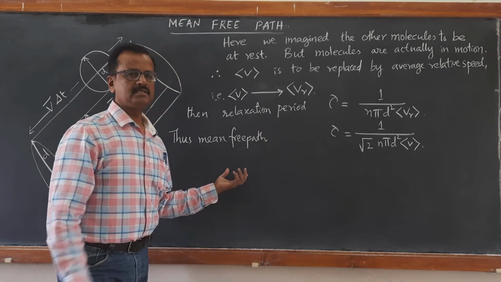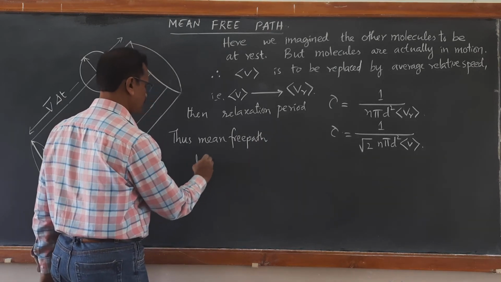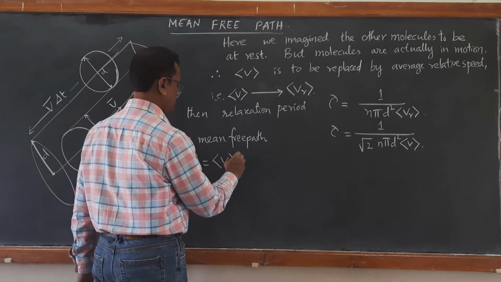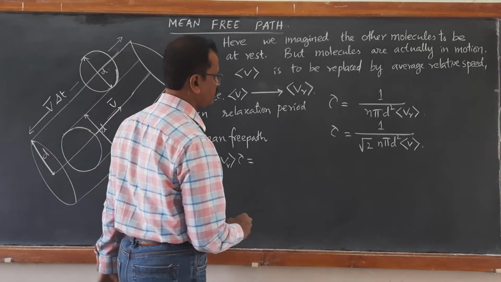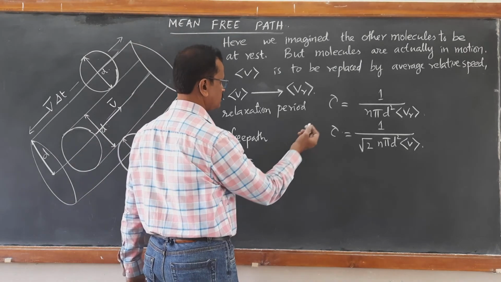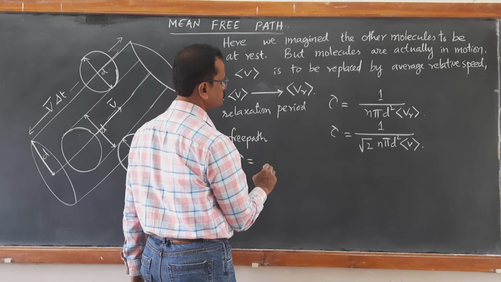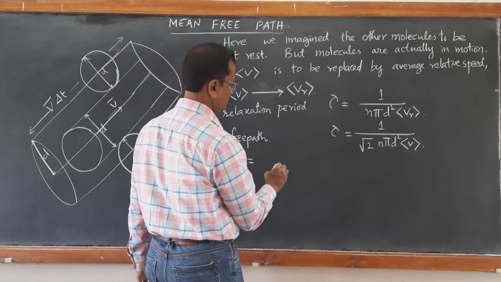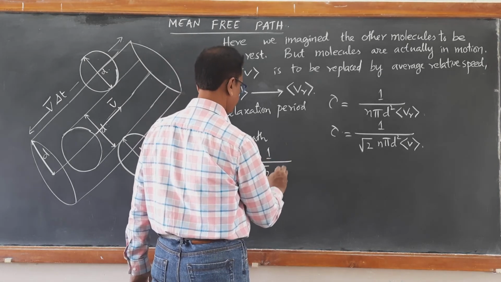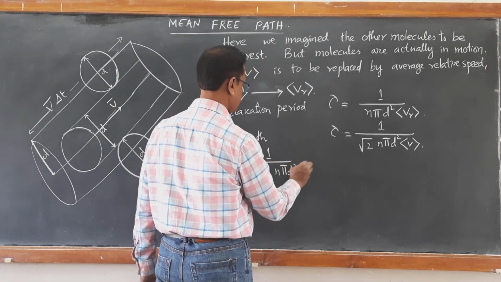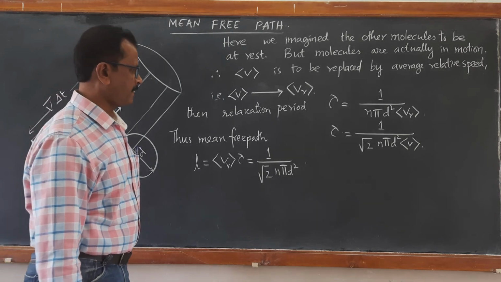Thus the mean free path, the average distance between two successive collisions, L now becomes VR into tau. If you just calculate, tau cancels, and we get 1 upon root 2 n pi d square.